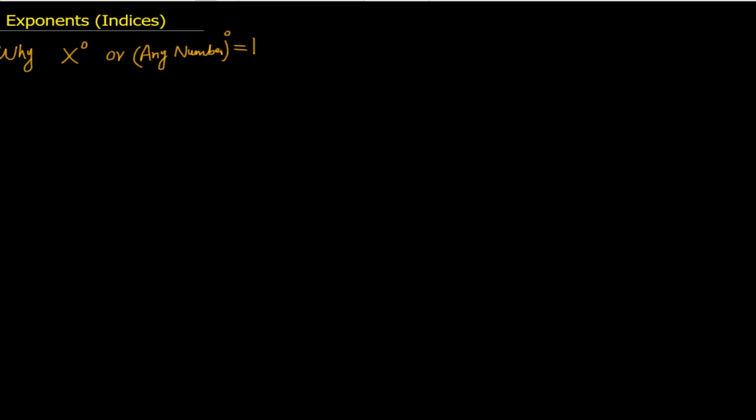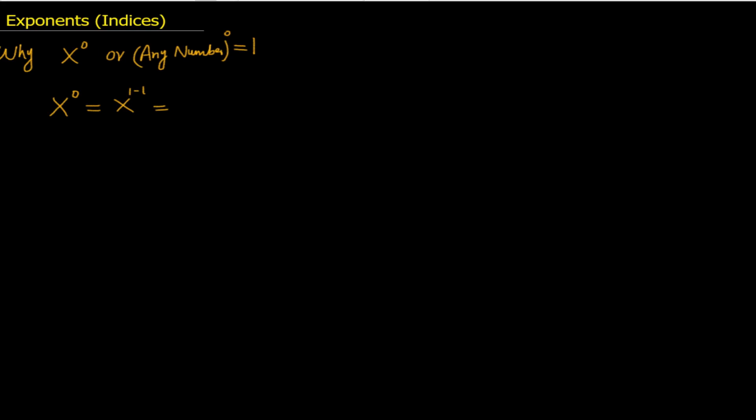So why is it so? To explain this, we can write x raised to the power 0 equals x raised to the power 1 minus 1. We can write 0 as 1 minus 1 or 2 minus 2 or 3 minus 3, any number. So I just put 1 minus 1.